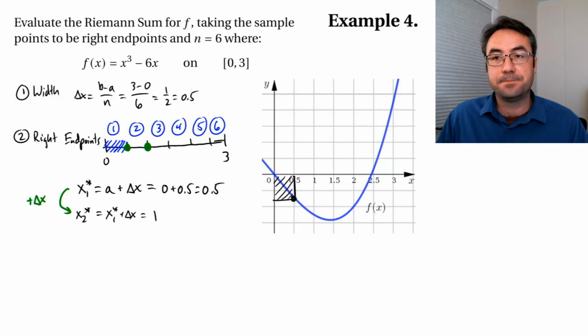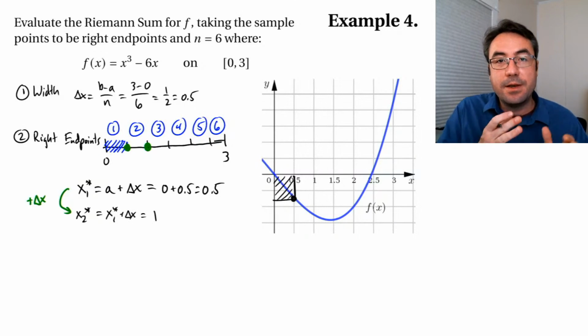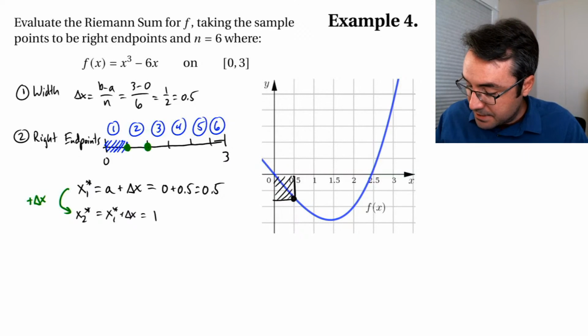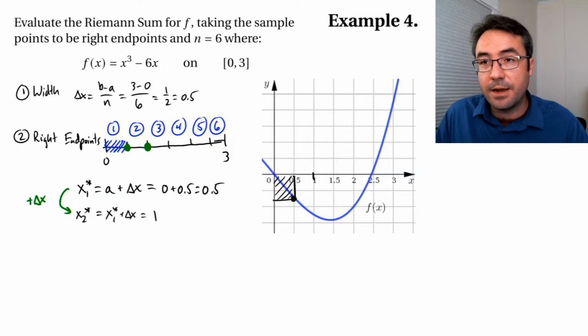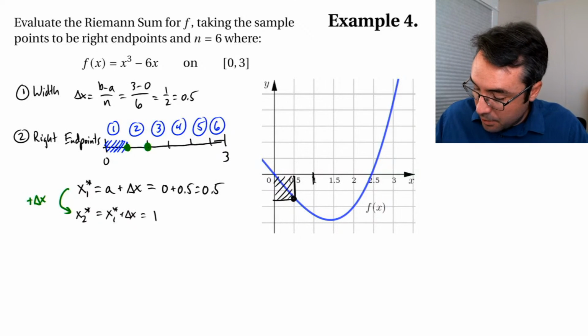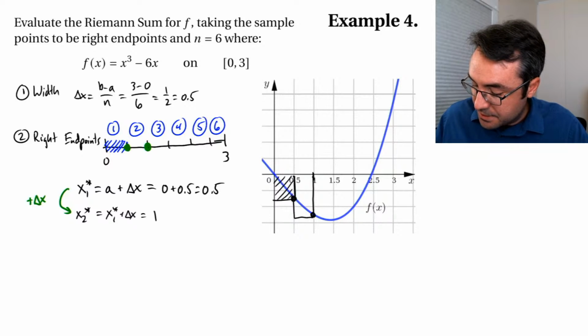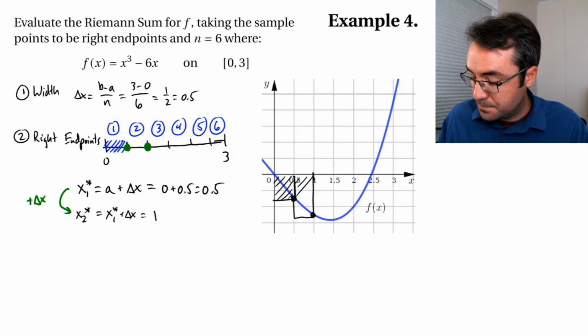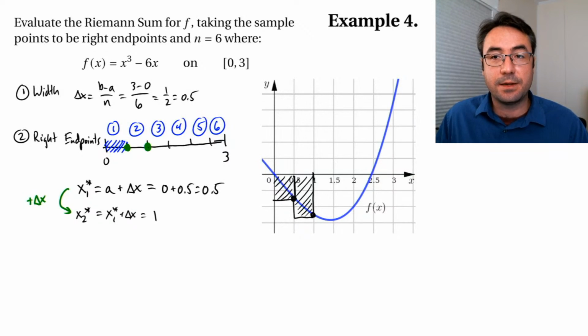So we get 1. So our next location that we're going to use to figure out our rectangle is x equals 1. We find that on our x-axis, and then we go until we hit the curve. That gives us the height of our next approximating rectangle. So there's our next rectangle.